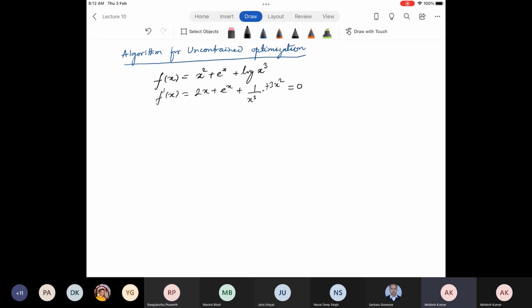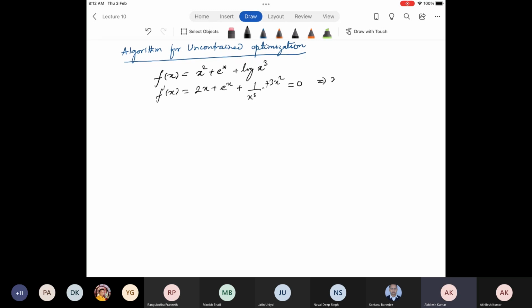So can you find a solution x star in closed form? You cannot get an x star value in closed form. Does that make sense? So that's why we use algorithms to solve such problems, or more precisely, numerical methods.